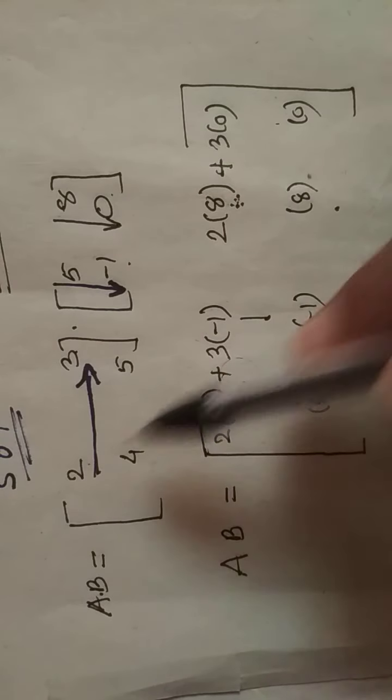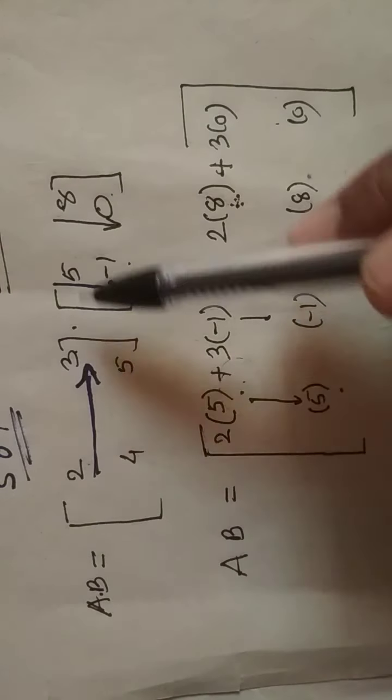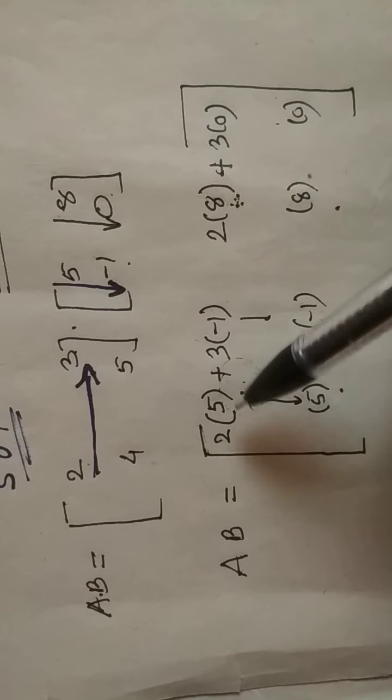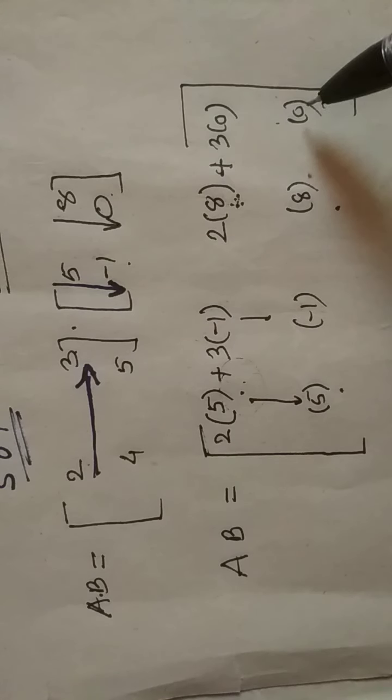Columns are the same; here the row is changing. The story of the first row was 2 into 5 plus 3 into minus 1. That first row remained the same for the horizontal arrangement, but when we change from first row to second row, the row elements will change. Column elements will remain stagnant.